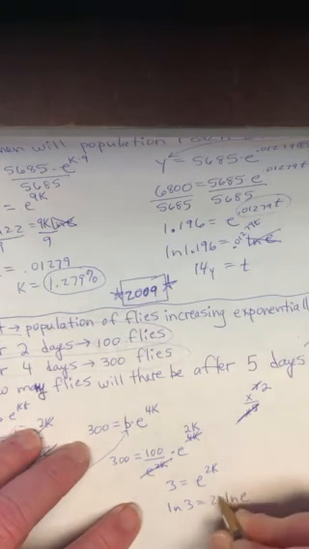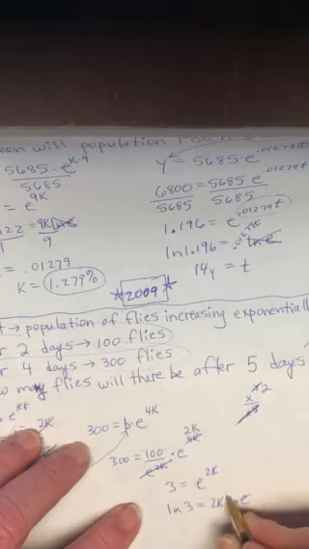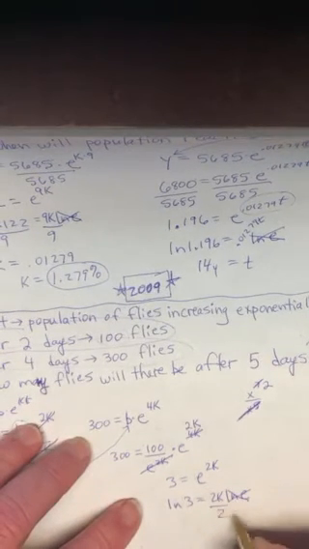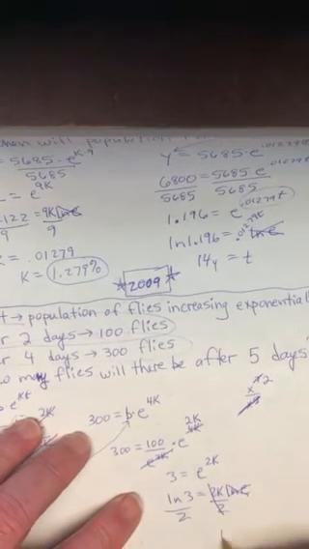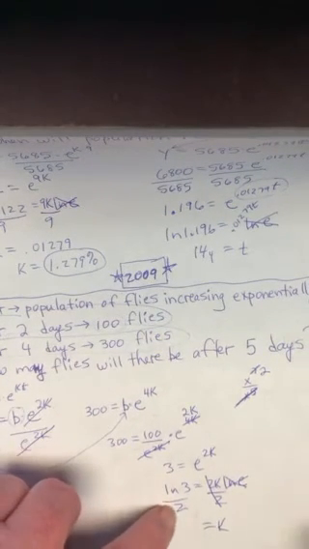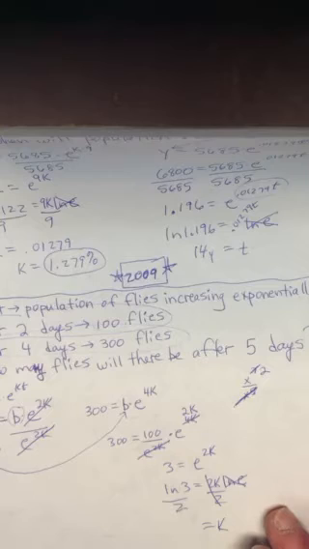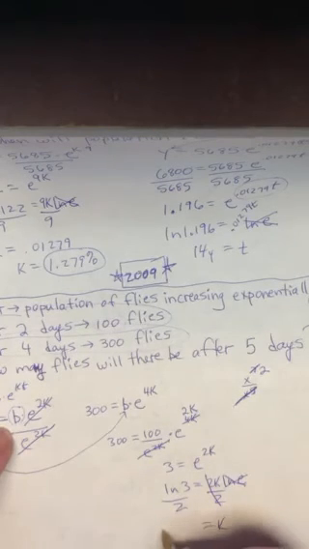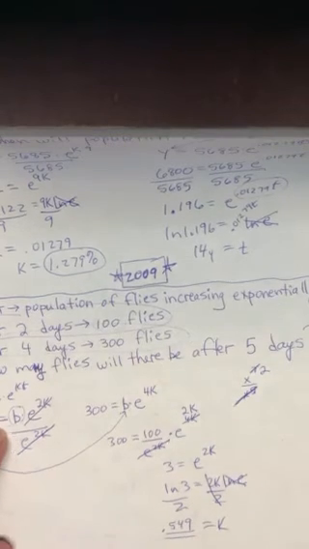The 2k comes out front, the ln e is ignored. I divide by 2, and my k value is ln 3 divided by 2. On my calculator, I hit ln 3, enter, and then divide by 2, enter, and I'm getting 0.549 to the nearest 3 places.